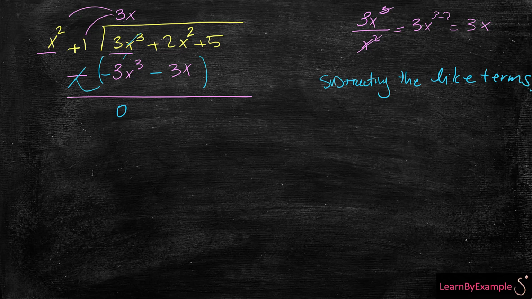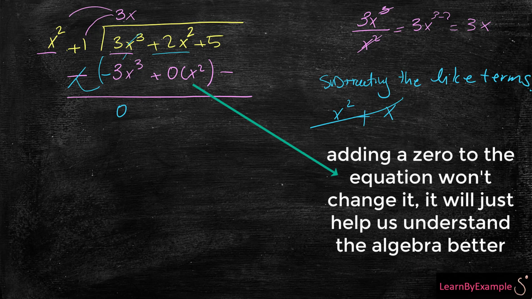And then I have 2x squared minus 3x. Now, these two are not like terms. What does that mean? One of them is x squared and one of them is x. These two can't be added together, right? So since they can't add together, I'm going to assume that I have a plus 0 times x squared here. And then I'm going to write my negative 3x.